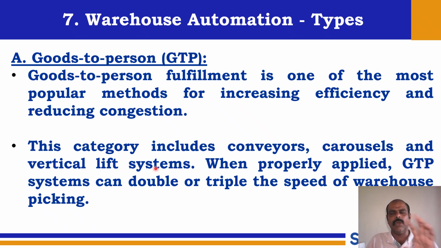If you are able to do this task alone, the research says the warehouse picking speed can be increased on a larger scale, double or triple. Why? Because this is one of the crucial tasks: identifying a product, picking the product and bringing it to the human for packing. That is a crucial task, and if you are able to automate it, then that level of automation is called goods to person. In short, it is called GTP.